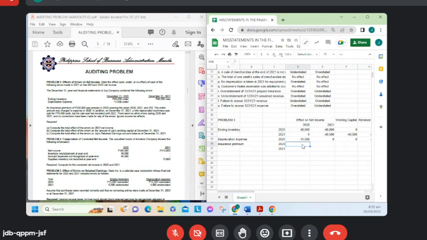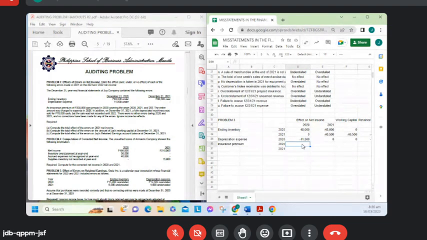So in 2020, there is an understated expense, no? So the record launch as prepaid: debit, prepaid insurance, credit, cash, no?